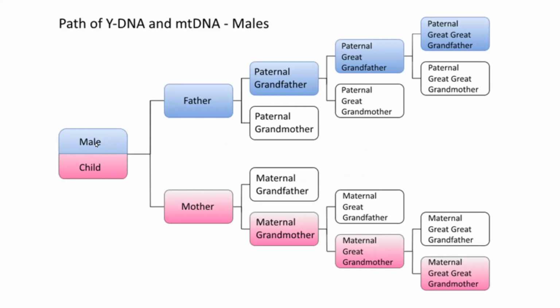A man gets his Y-DNA from his father. That's what makes him a man. Well, he got his from his grandfather, who got his from his grandfather. So it turns out that Y-DNA is a true way of looking at your total paternal line all the way up.